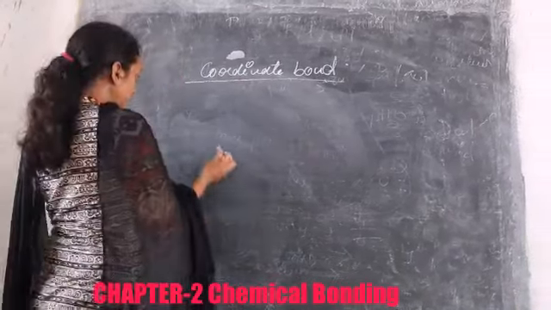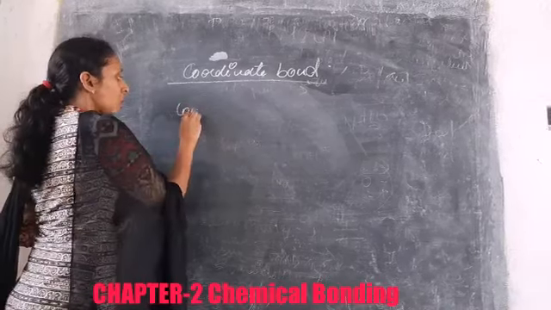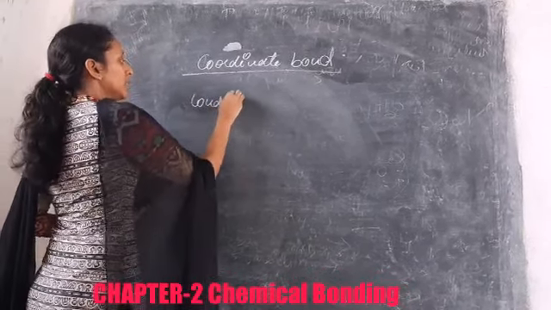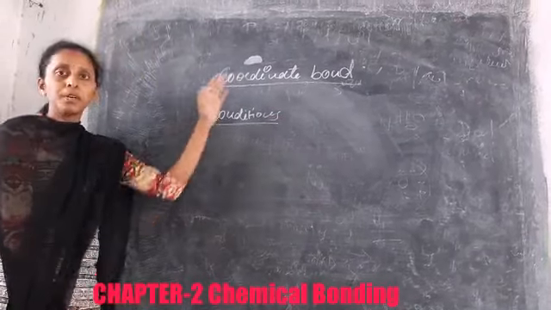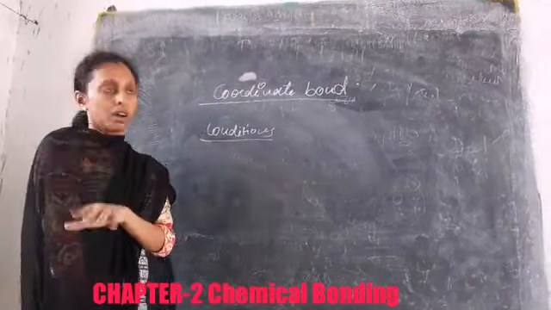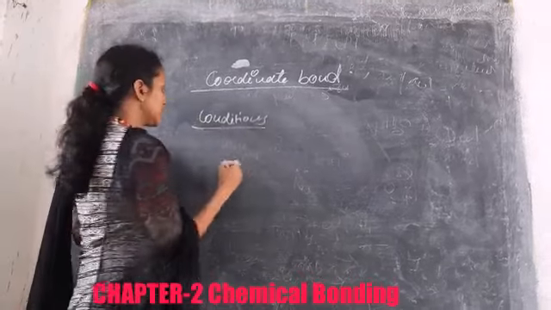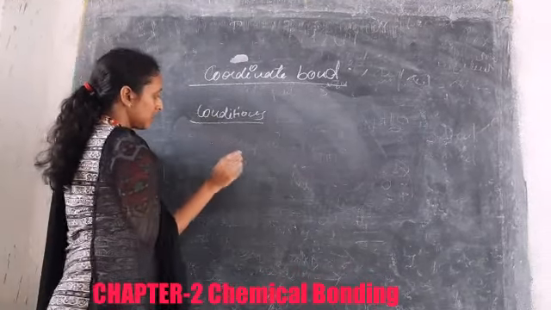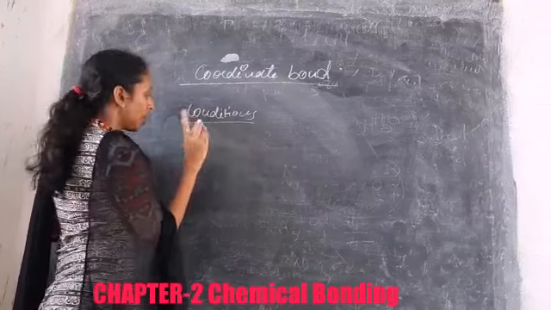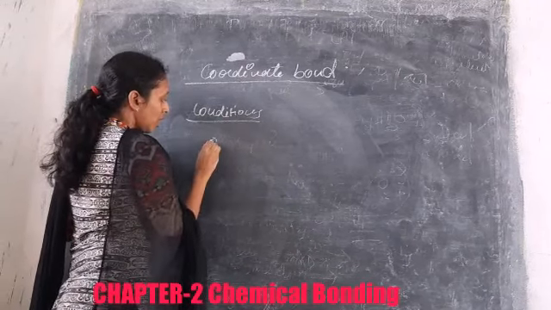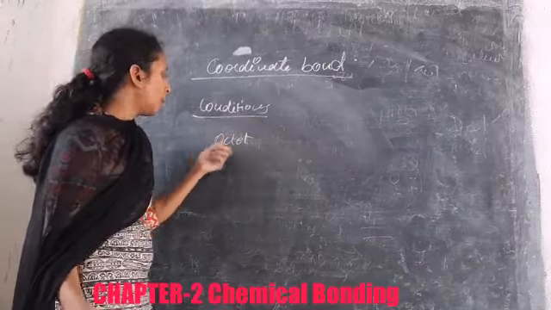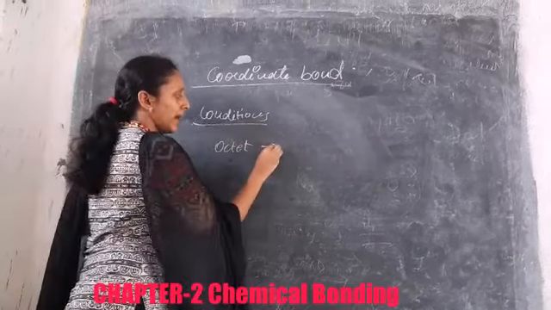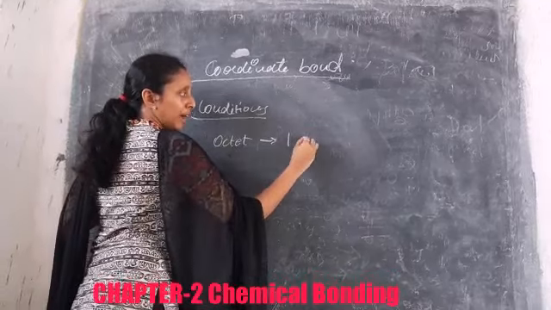So what are the conditions for this coordinate bond? This is not having much importance, but there is a formation of this coordinate bond in few compounds. So one of the atoms should obey the octet rule, and it should have one extra pair of valence electrons.